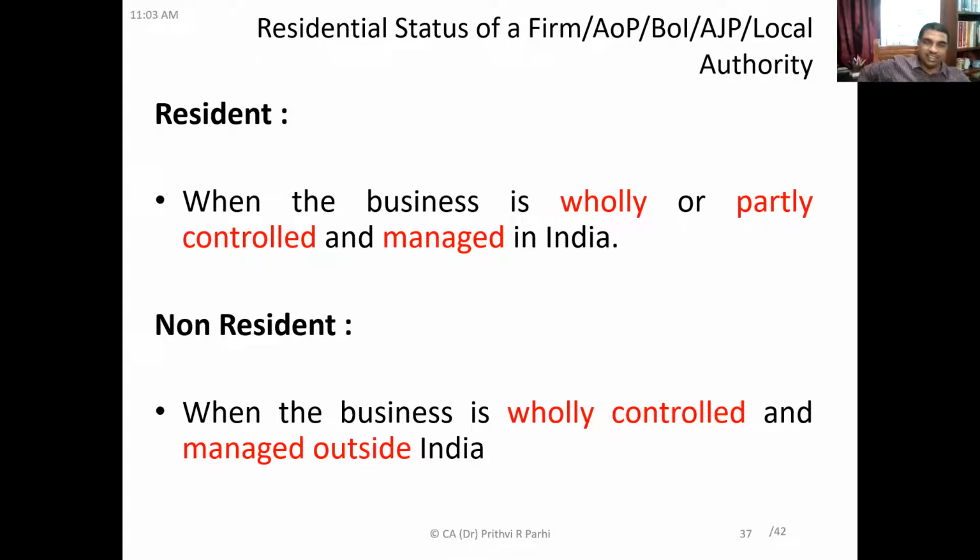A similar condition we had seen in the case of HUF. The only thing is that with HUF we had to further classify them as ordinary or not ordinary. But here, with all these persons like firm, AOP, BOI, AJP, local authority, there are only two possibilities of residential status: either they can be resident or non-resident.